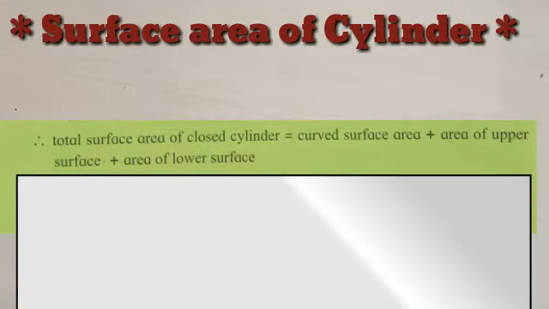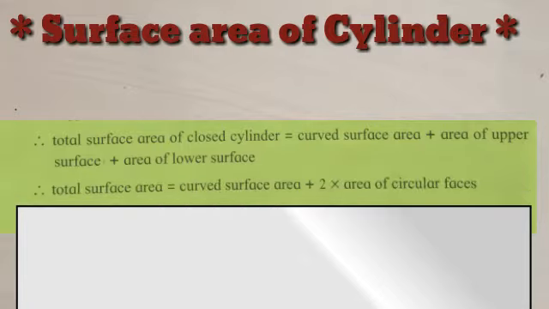Let's write it. Total surface area of closed cylinder is equal to curved surface area plus area of upper surface plus area of lower surface. Therefore, students, total surface area is equal to curved surface area plus 2 into area of circular faces, both upper and lower. That's why we have taken 2 multiplied with the area of circular faces.